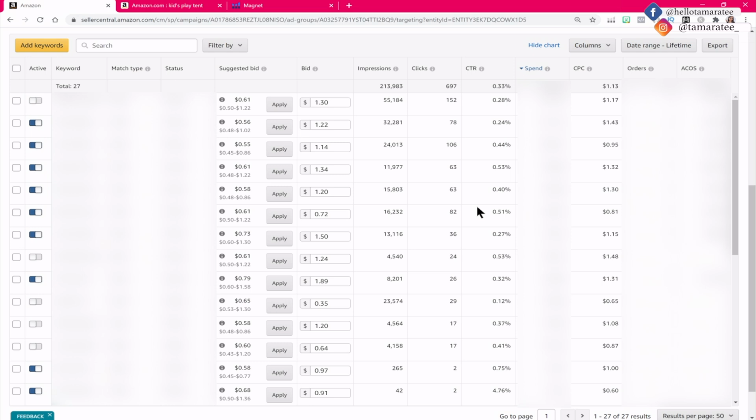Depending on what type of keywords they are, if they are longer tail, low search volume keywords, then you can hold more keywords in one campaign because the keywords are less searched, so it doesn't matter if you have more keywords. But if your keywords are very high in search volume and you try to hold 20, 30, 40 keywords, the budget will not flow across evenly for all of those bigger keywords.